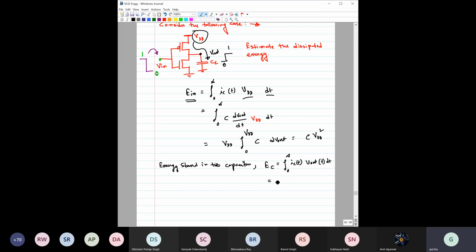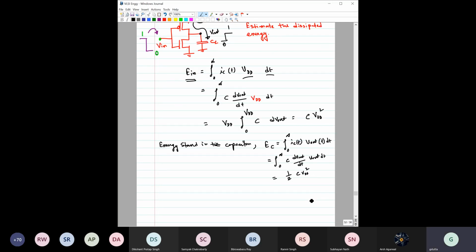So here, if you put C dV out by dt and here V out dt, if you calculate, it would become half C V square. Is this fine to you?